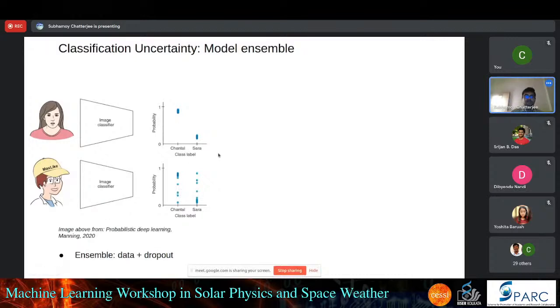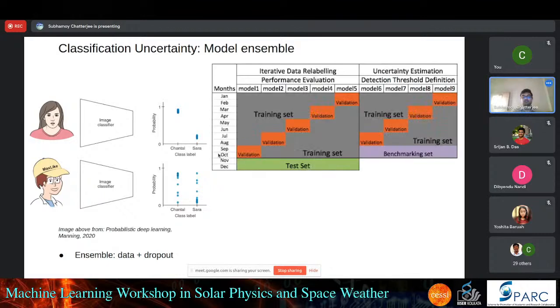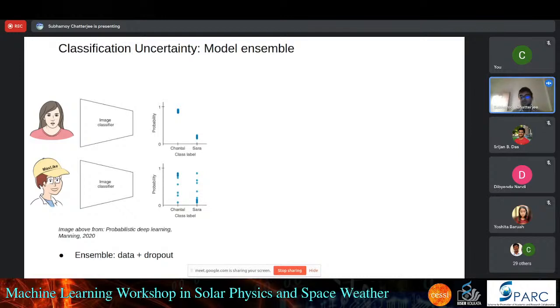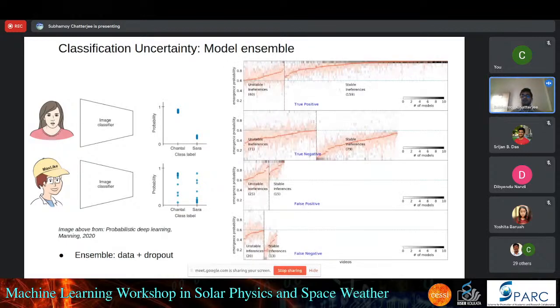Instead of training a single model, we train an ensemble of models. Then we tune the cutoff using a threshold by optimizing precision and recall, and we find this outcome. So you can see here true and false predictions for the set of videos in the test set, and we divide that into the stable and unstable inferences.